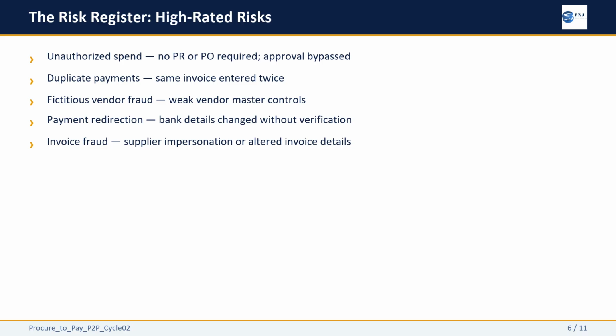Someone creates a supplier that does not exist and routes payments to themselves. Payment redirection is the external version. An attacker gets vendor bank details changed before a payment run. Invoice fraud covers supplier impersonation and altered invoice details. All 5 carry high financial impact and require the strongest preventive controls.